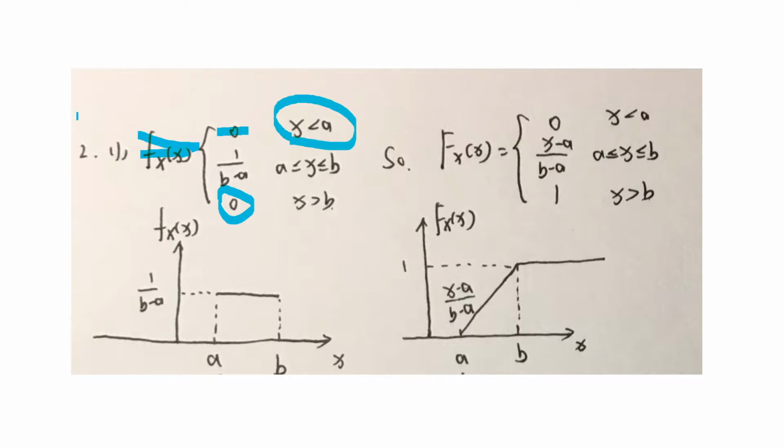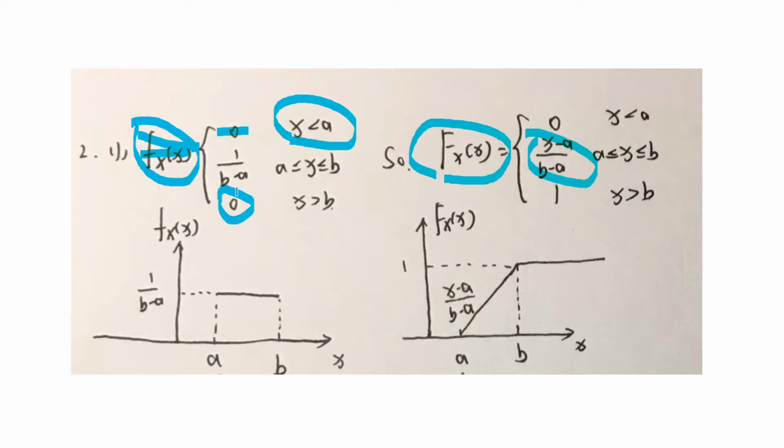We can integrate the probability density function to find the distribution function F_X(x). When x is less than a, F_X(x) equals 0, and when x is in the range between a to b, it would be like this. And if x is greater than b, F_X(x) would be 1.